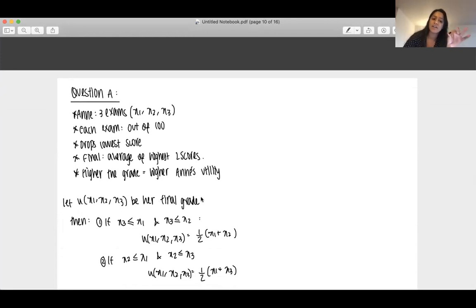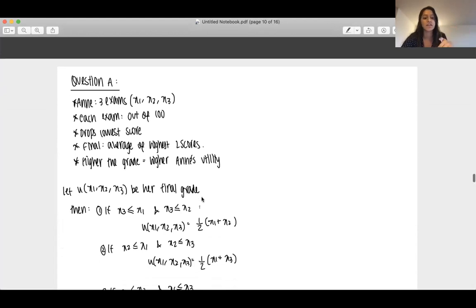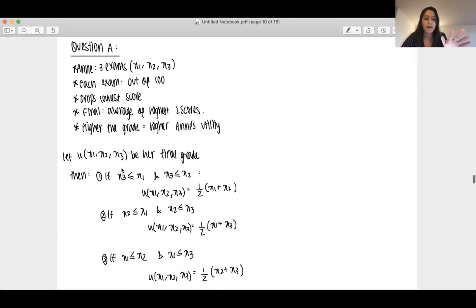And in order to calculate that with the information they've given us, we set up the possible solutions. So for example, if x3, the score of her third exam, is lower than the score of her first exam, and lower than the score of her second exam, we just consider her first exam and her second exam scores.